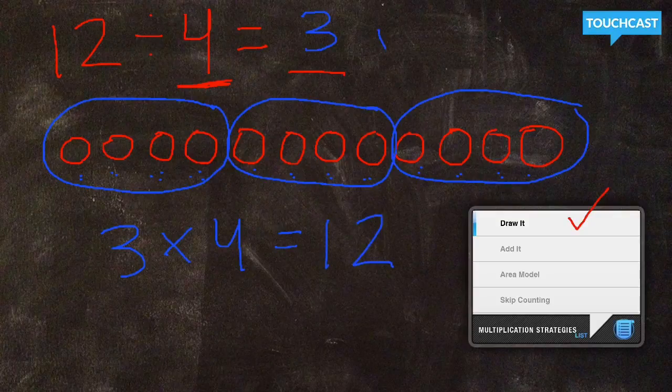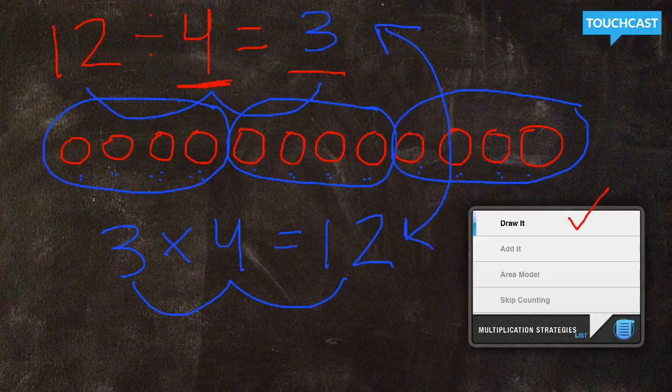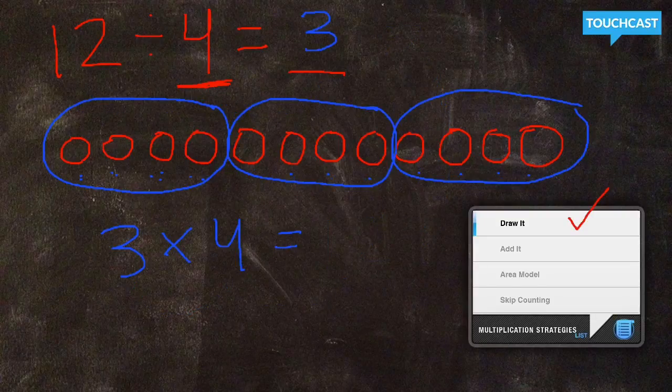So you'll notice that division and multiplication are actually the same except backwards. It's called an inverse operation. So you could think 3 times 4 equals 12. So that's a lot of information, but we will practice some more.